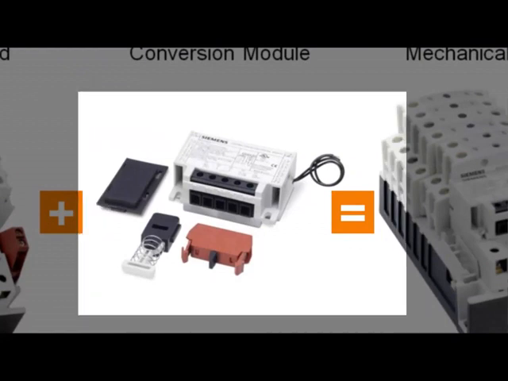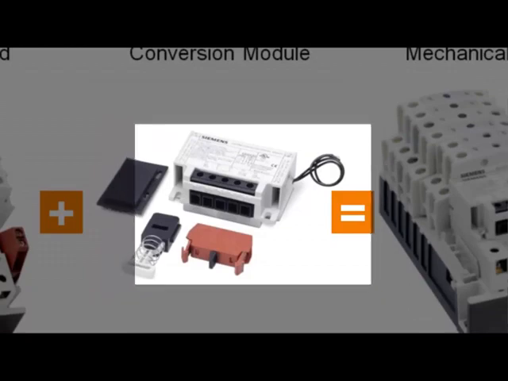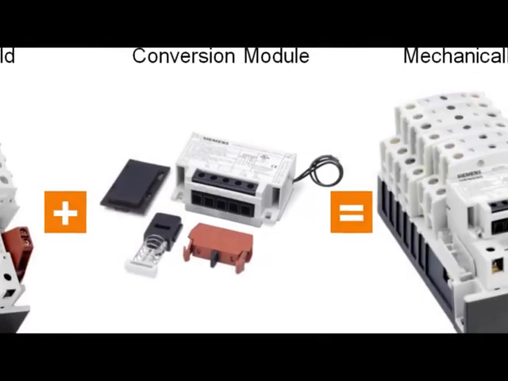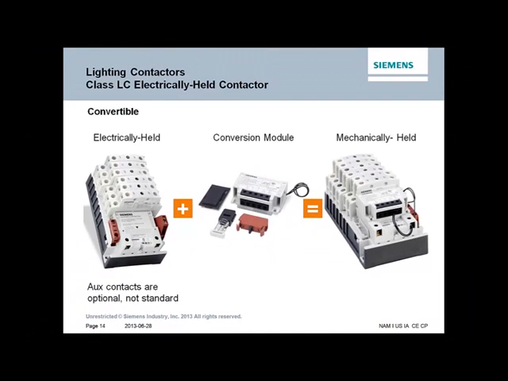We take the latch mechanism and install it on the back of the contactor. Literally, within a few minutes, we have converted to a mechanically held contactor. And, should you need to, you can reverse it. You could remove the conversion module and remove the mechanical latch, and it will revert back to the electrically held contactor.